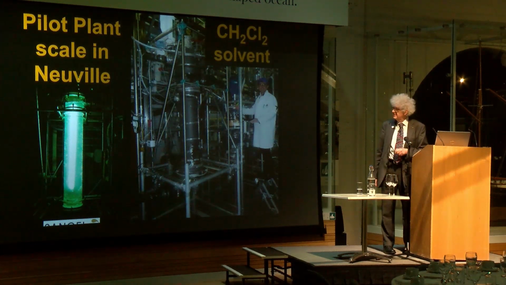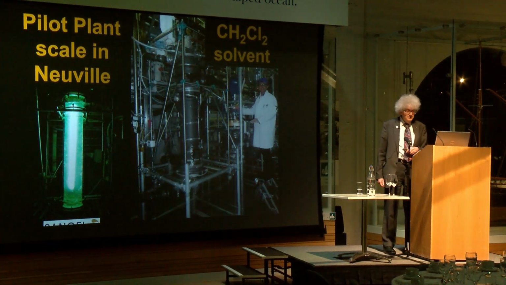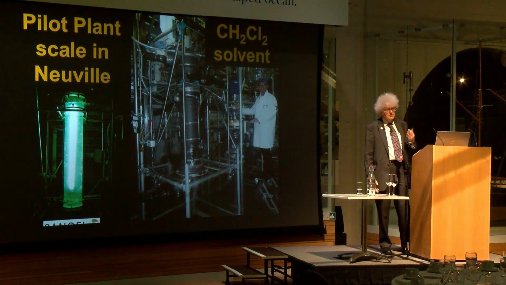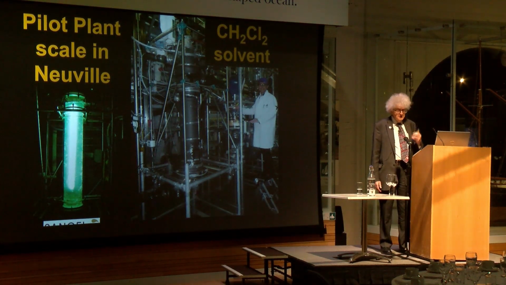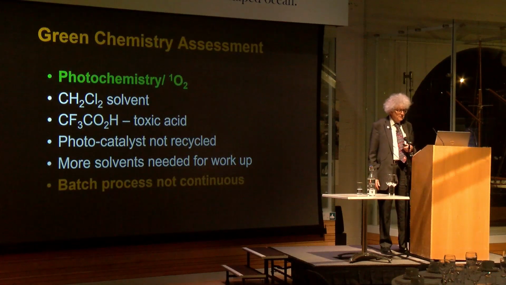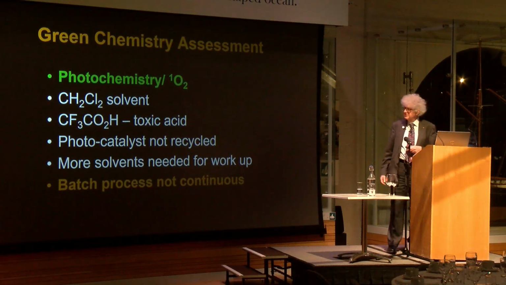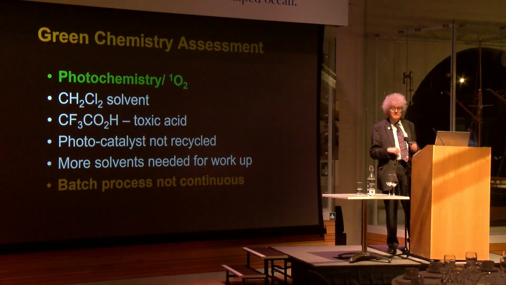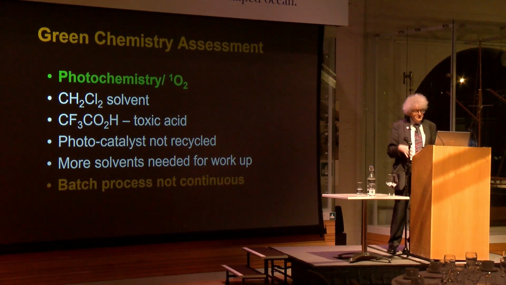And here's their pilot plant in France, and they use dichloromethane, which is not a particularly desirable solvent. And if you look at the whole thing from a green chemistry point of view, they use photochemistry and singlet oxygen, which is really very green, but they use dichloromethane as the solvent.